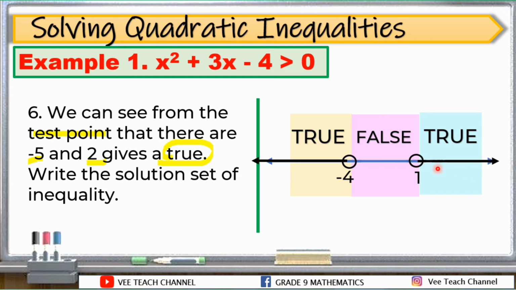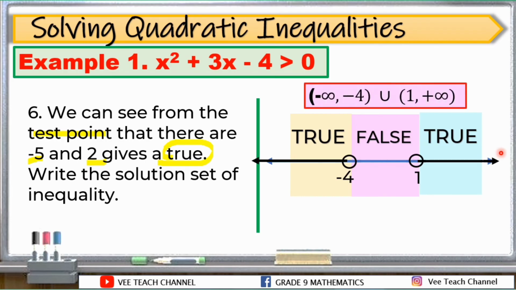Ang hindi lang kasama ay yung mga numbers na nandito sa -4 hanggang +1. That's why we have this answer, -infinity, -4, union of +1, and +infinity. Anong ibig sabihin yan?